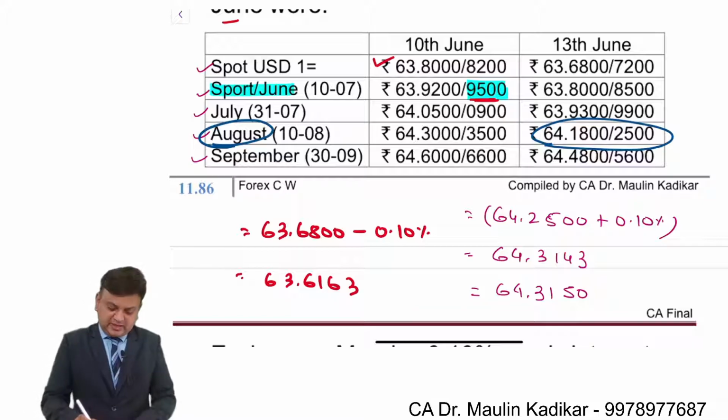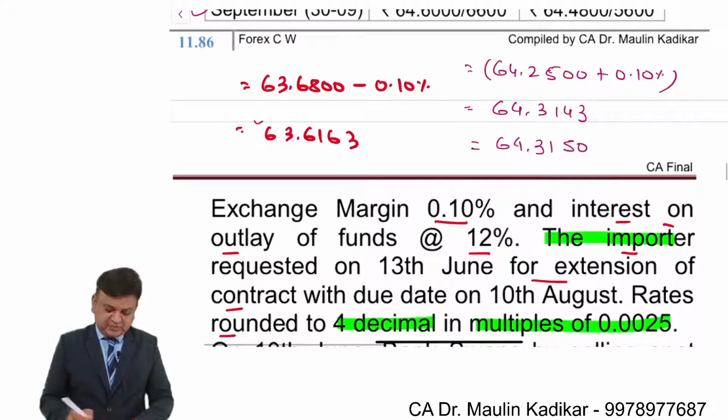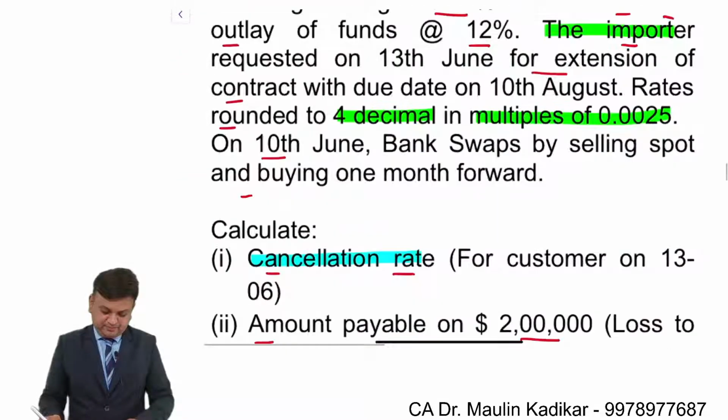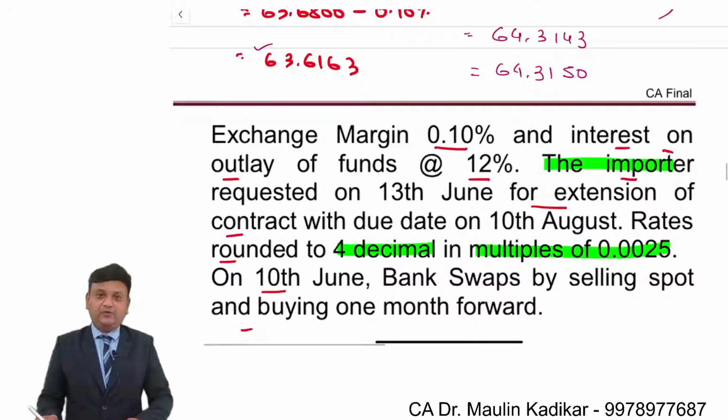That is the new contract, and for that the rate applicable is 63.68 minus 0.10 percentage, so 63.6163. So over here 63.6175. Okay, because we are required to round off in multiples of 0.0025.